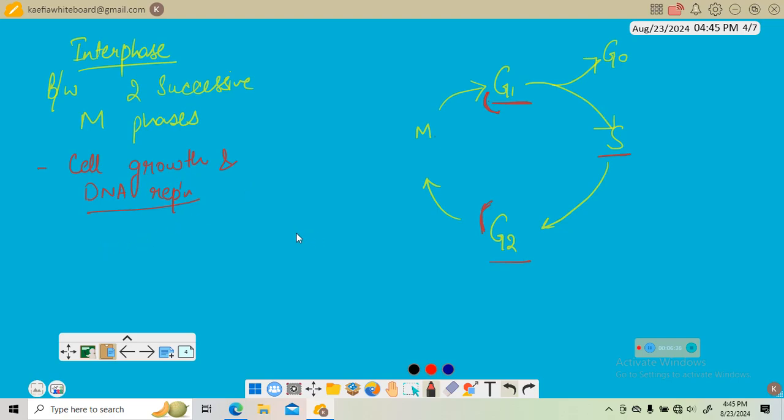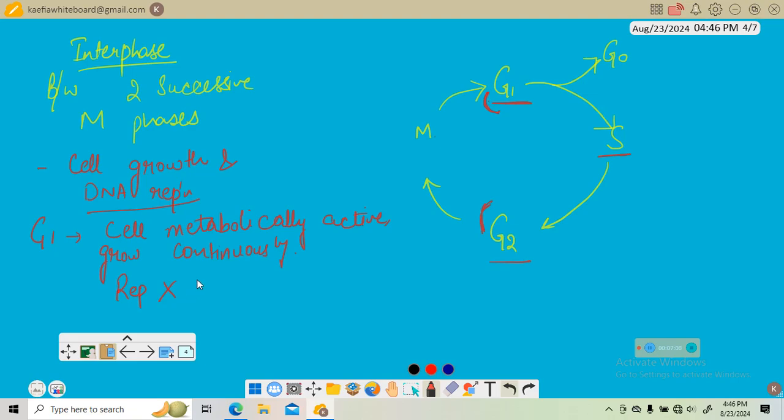So what happens in G1? The cell will be metabolically active and will grow continuously, and replication will not take place in this stage.